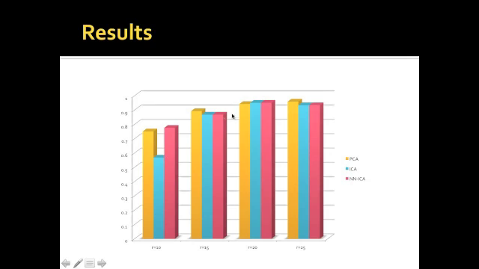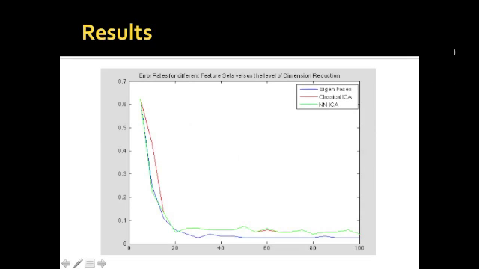But for the lower dimensions, we see that both non-negative ICA and ICA perform better than PCA in the dimension of 20. But as the dimension goes up, of course the algorithm gets slower and slower, and the PCA gets better than them. But in low dimensions, non-negative ICA captures some features that PCA cannot.